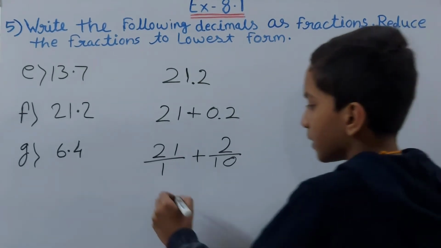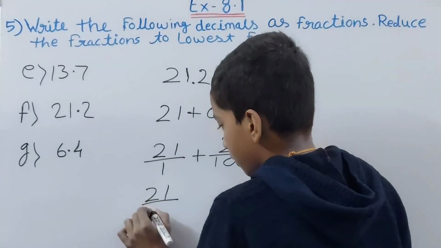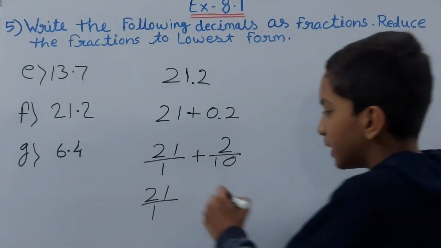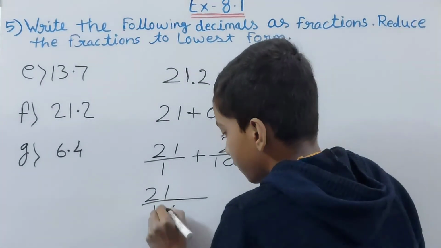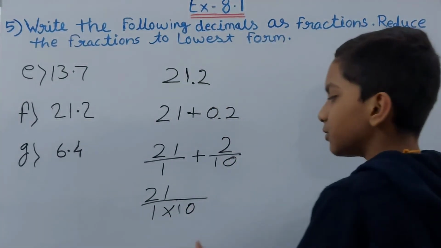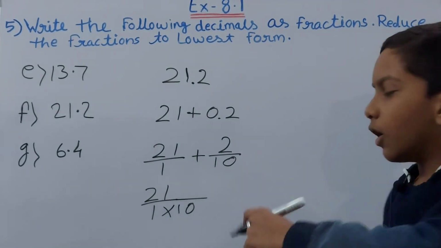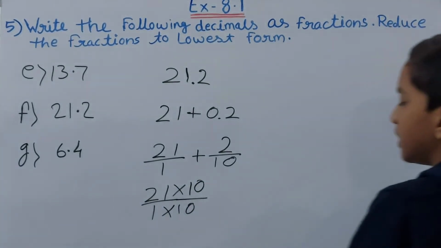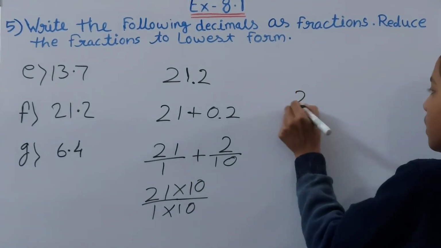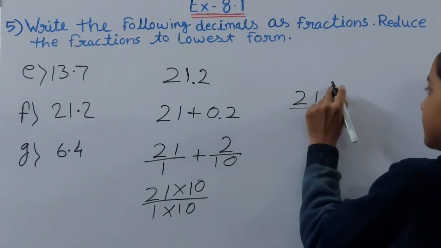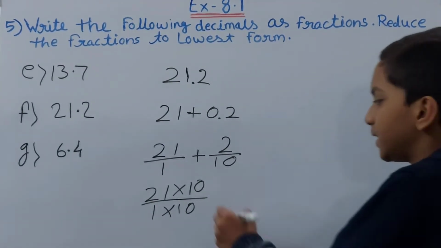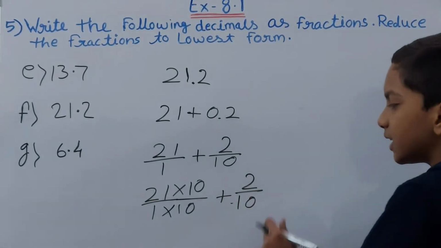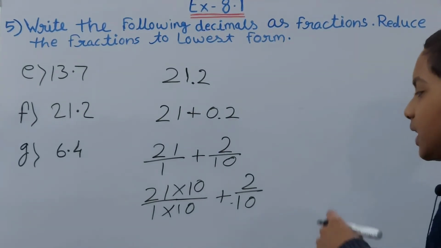So let's see. This is 21 upon 1. Now the LCM of 1 and 10 is 10. So that means we will multiply 1 by 10, and as we are multiplying the denominator, we will also multiply the numerator. So this becomes like this. 21 into 10 gives us 210, and we will add this 2 upon 10 because over here the denominator is 10, so we don't have to do anything with this fraction.